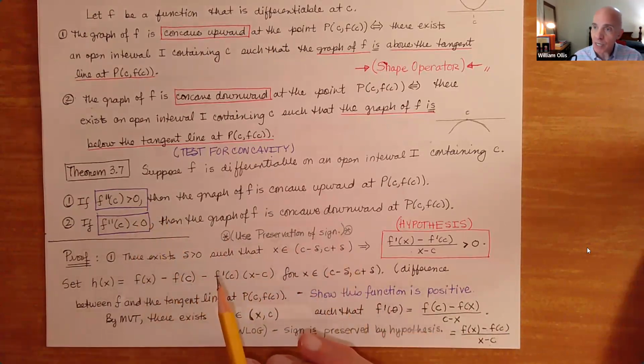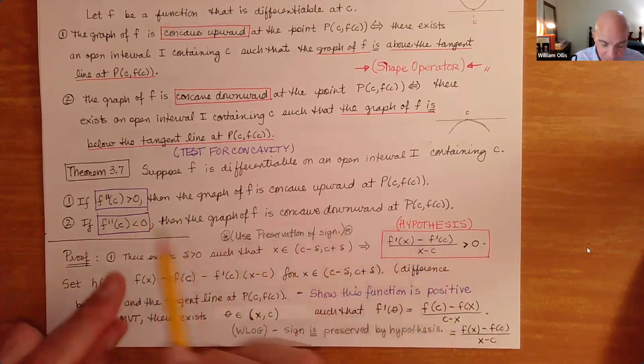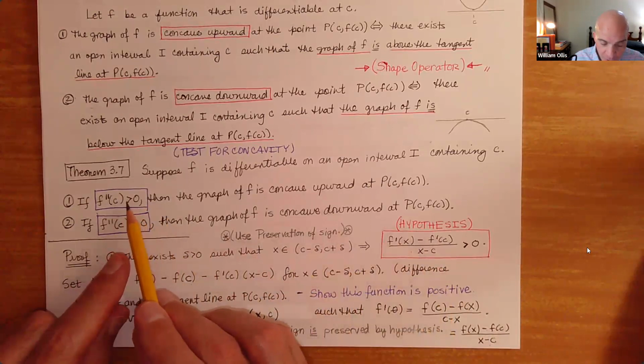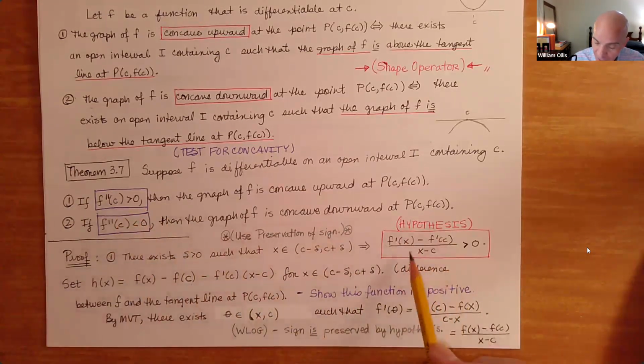So c minus delta to c plus delta. And that would give us a positive difference quotient. So when we consider the difference quotient that we must use to execute the second derivative, we have this, f prime of x minus f prime of c divided by x minus c. And that quotient will be positive.